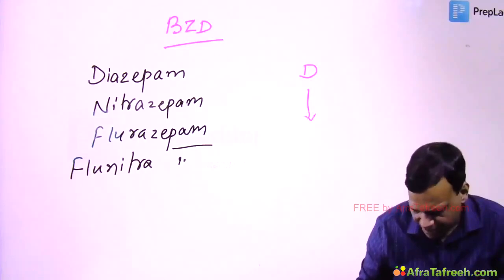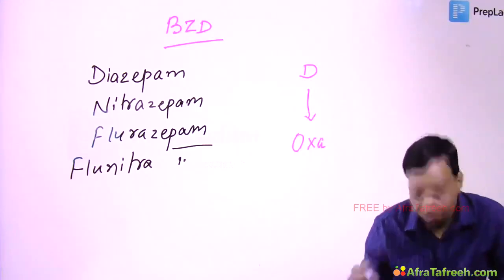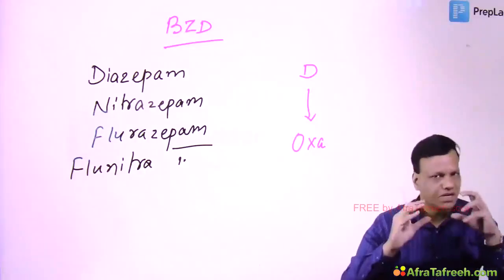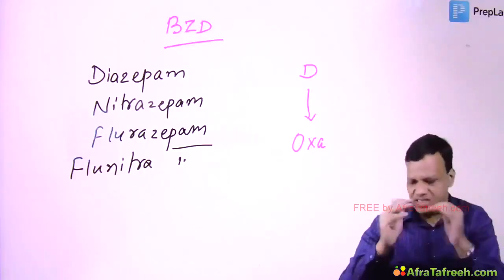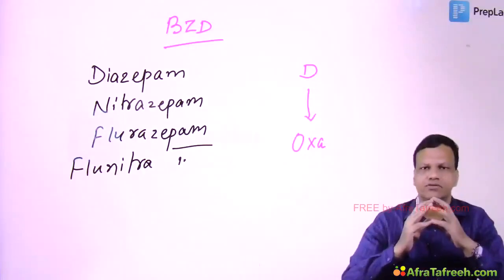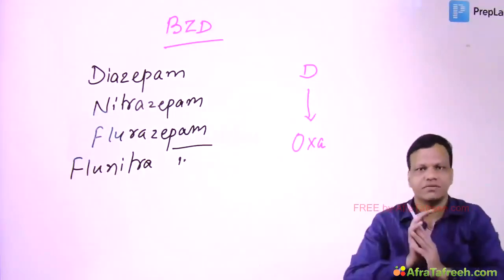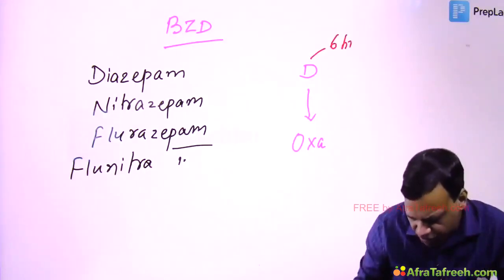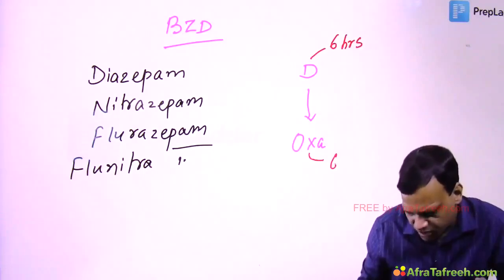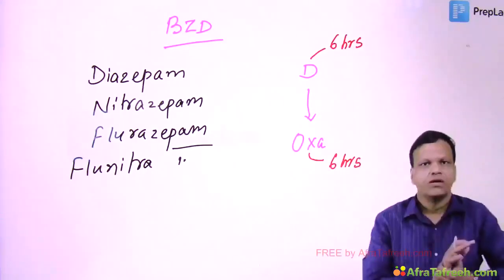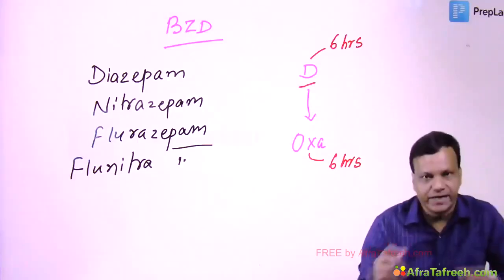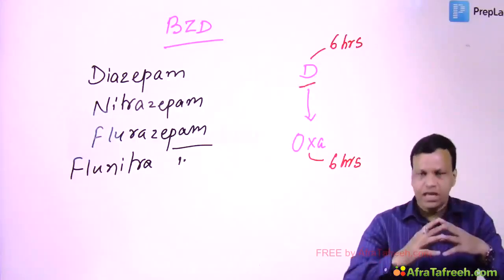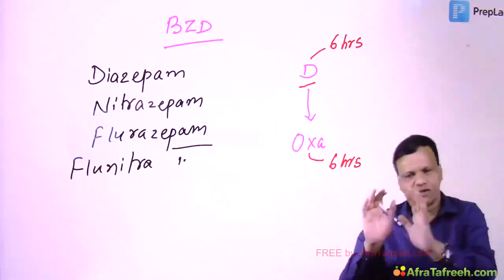Diazepam is metabolized to form oxazepam. What is the special property of oxazepam? Yes, this is the active metabolite. So that means oxazepam also depresses the brain. So if we give diazepam and, hypothetically assuming, it works for 6 hours and oxazepam also works for 6 hours. We have given diazepam at night for producing sleep, and we thought that it will work for 6 hours.